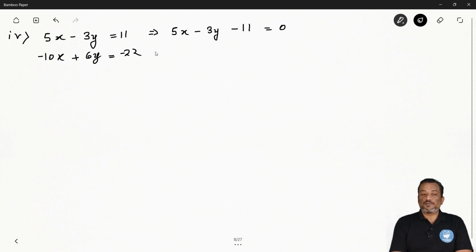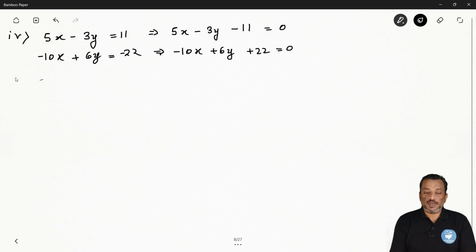Okay, now same way second equation we can say minus 10x plus 6y plus 22 is equal to 0. Okay, clear. Now based on that we will find a1 over a2, how much we will get, 5 over minus 10 is equal to 1 over minus 2.